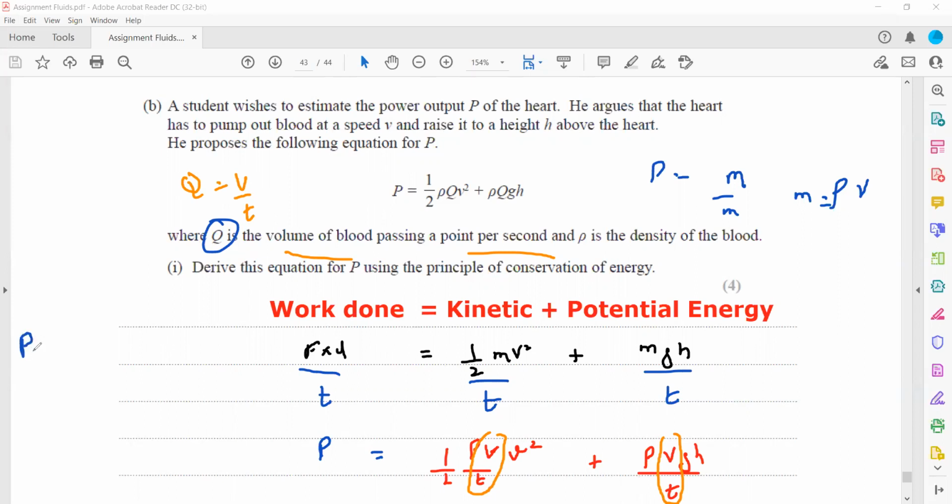The power P is equal to half rho, the density, times Q v squared, plus rho Q g h. So the equation is derived. Is it clear, this part?